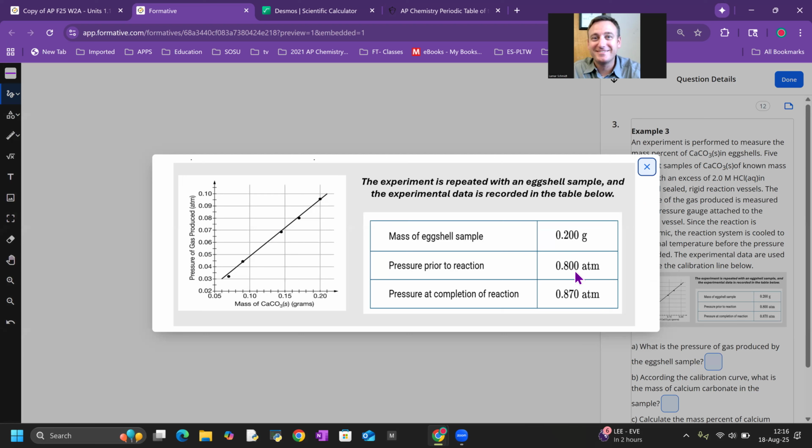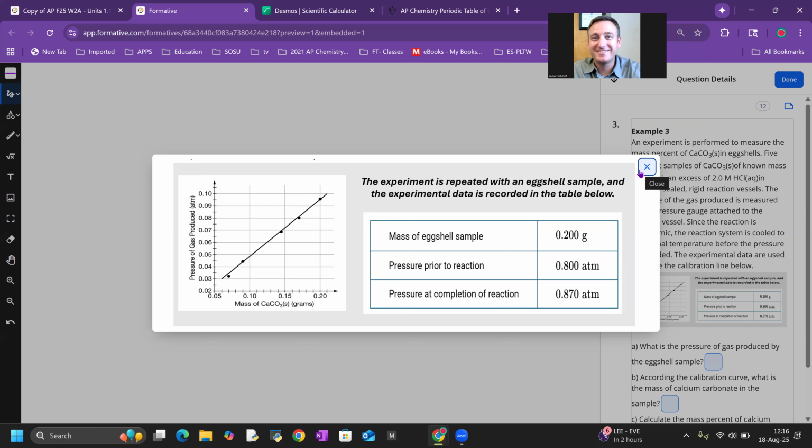Prior to the reaction, we were at 0.8 atm. And after the reaction took place and it was cooled, it was 0.870. And so we can't just say that the vessel went up by 0.870 because it had an initial pressure of 0.8 even before the reaction took place.